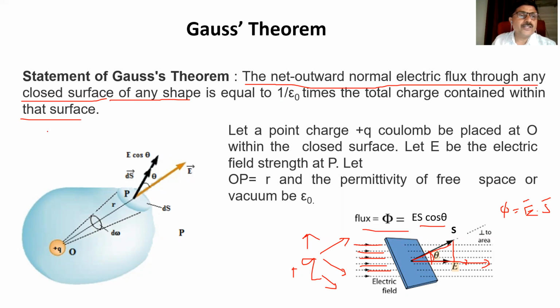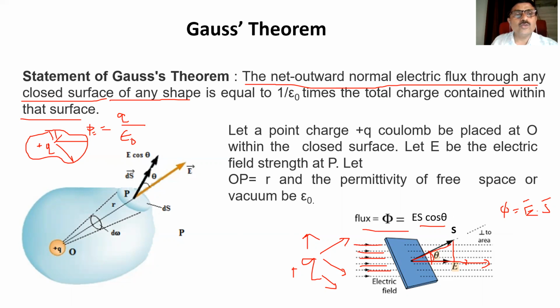Means if you consider any closed surface like this, and suppose this surface encloses a charge Q, then the total electric flux phi is given as the charge enclosed divided by the permittivity of the medium. Here we have taken free space, hence the permittivity we have to take as epsilon 0. This is the statement of the Gauss theorem.